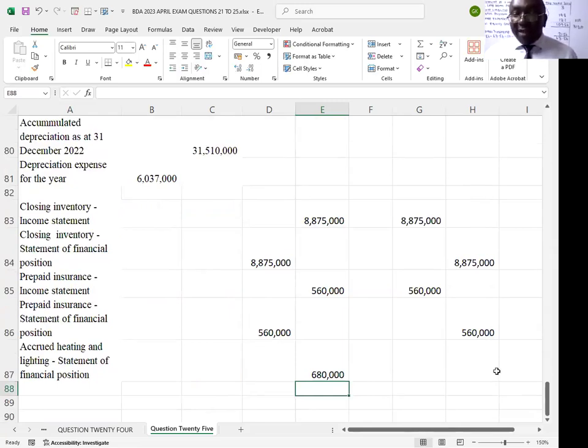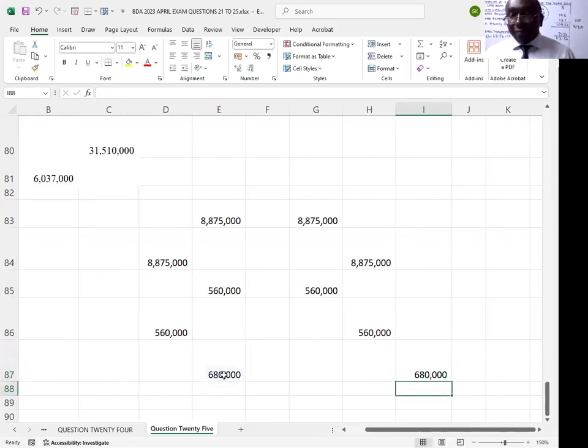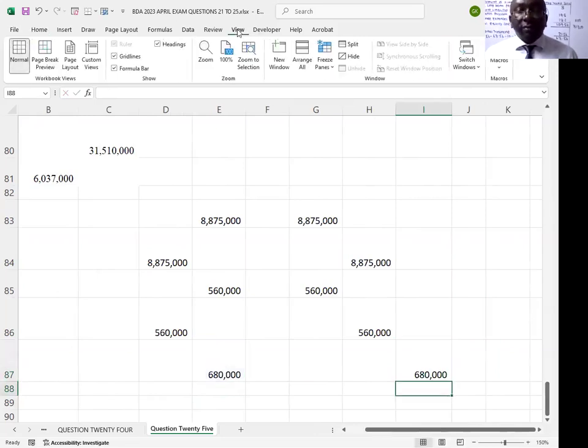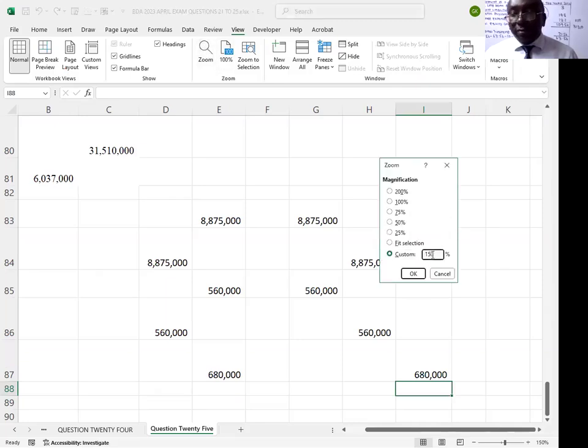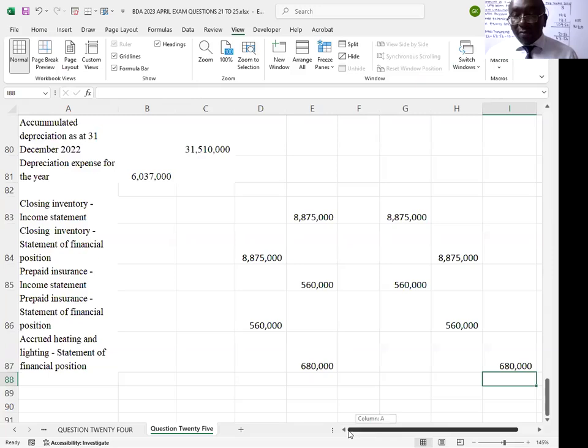And because it's a liability, I can come and complete the cycle here. Equals this one. I can come and complete the cycle there.